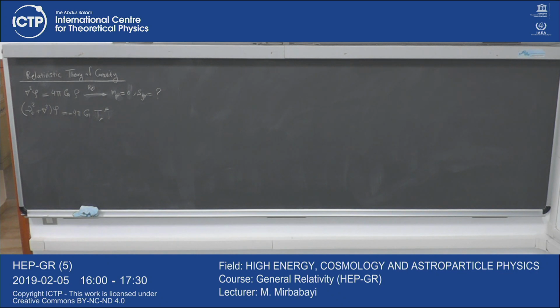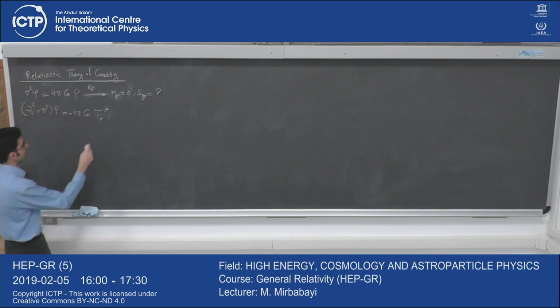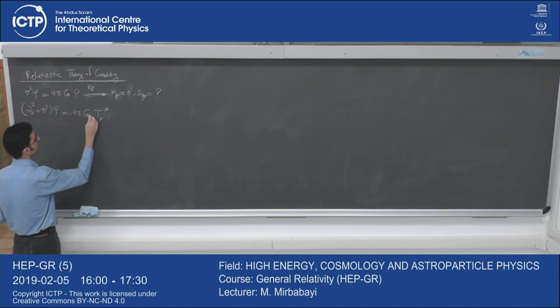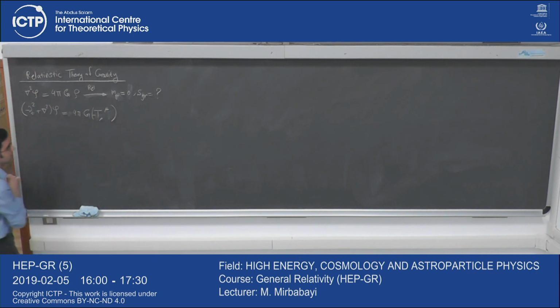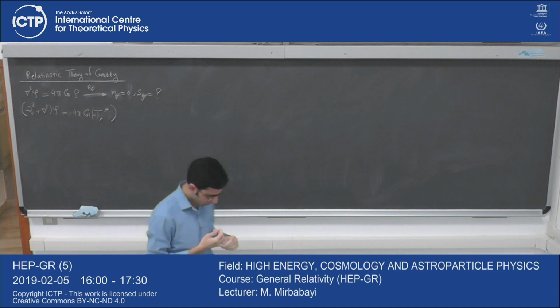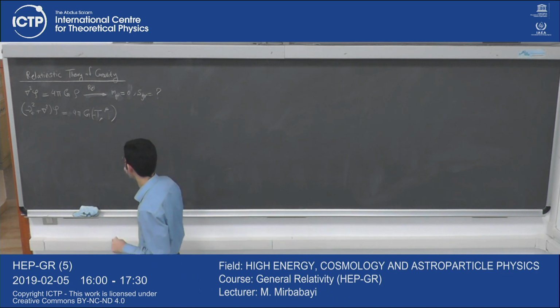Okay, so now let's justify putting minus the trace of the stress energy tensor here. What is the easiest way to see? By the way, in my notes, sometimes my conventions change for the sign.